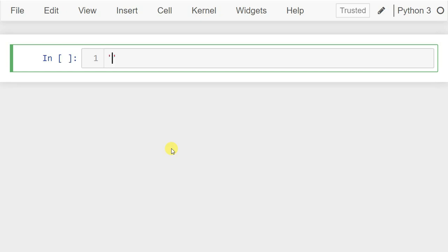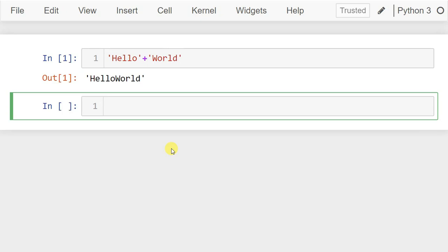If we use the plus sign in strings, it will concatenate, or in other words, it will join the strings. See, hello and world are joined when I use the plus sign. Also observe that there is no space in between these two strings. You can join any number of strings using the plus sign.